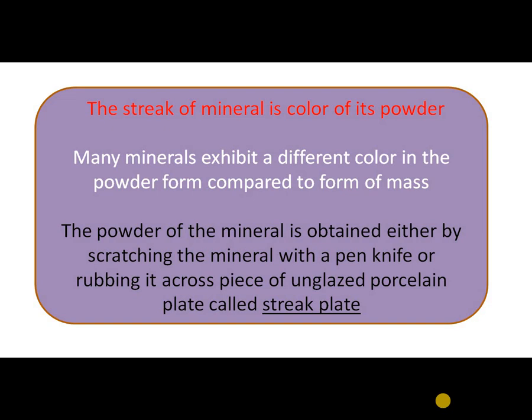The powder of the mineral is obtained by scratching the mineral with a knife or rubbing it on an unglazed porcelain plate, that is called a streak plate, so that we can collect the color of the powder of the mineral, that is called streak. So with the help of the streak plate we can identify the streak of that particular mineral, that means the color of its powder.